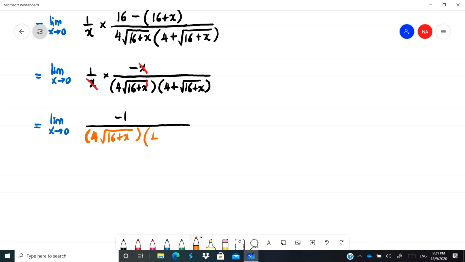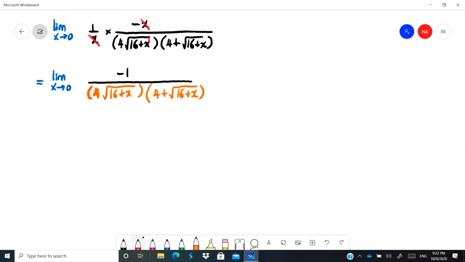So you have to substitute the value of x as 0, so this part will be 0, this part also will be 0. All right, so you will have negative 1 at the numerator.